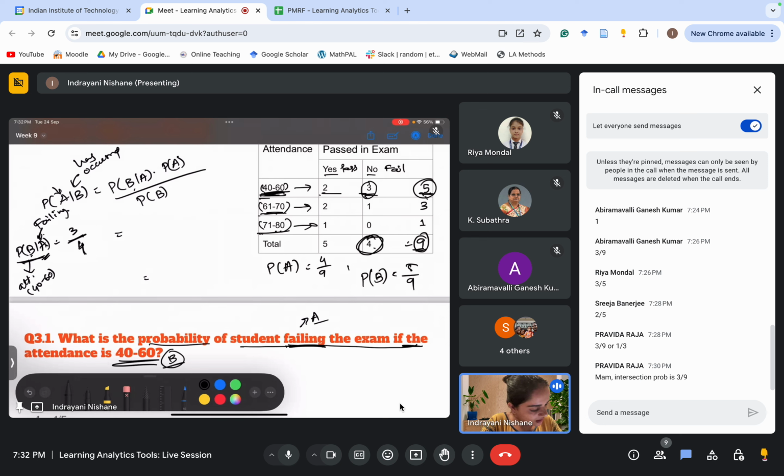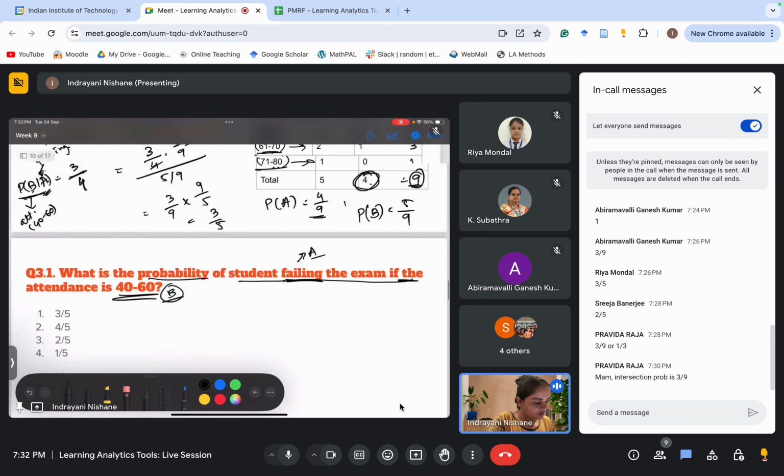Now put this in: 3 by 4 multiplied by probability of A, 4 by 9, divided by probability of B, 5 by 9. The 4 gets cancelled, the 9 goes, and this is 3 by 5. So the answer to this question is 3 by 5.